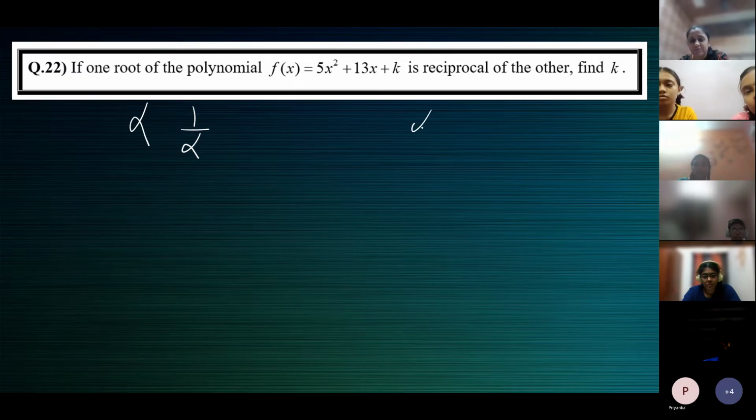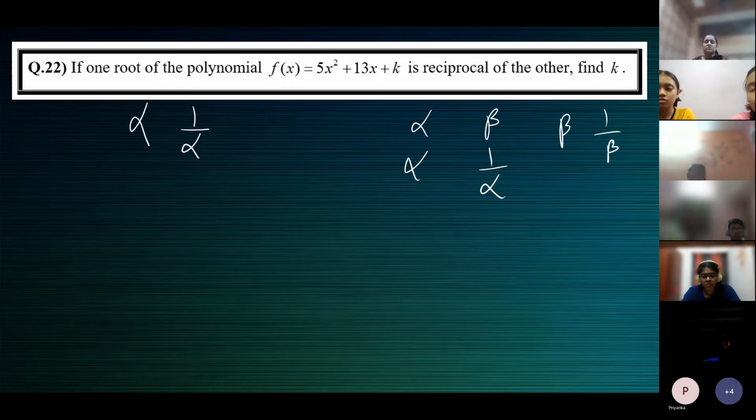Okay, see, alpha and beta are the zeros. If you take alpha as alpha, beta is the reciprocal of alpha, 1 by alpha. Or you can say let the zeros be beta and 1 by beta also. There's nothing that you should take alpha and 1 by alpha. The meaning should be used correctly.